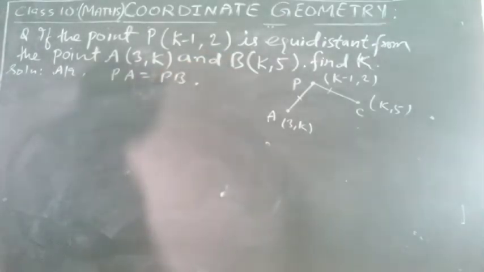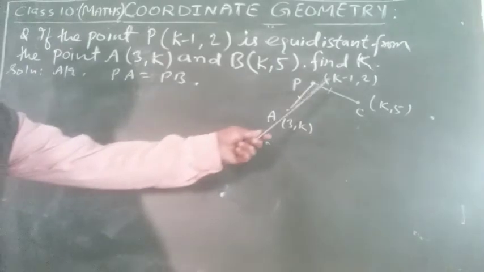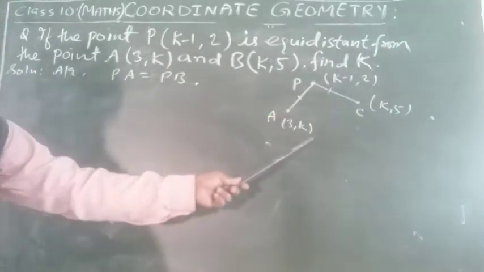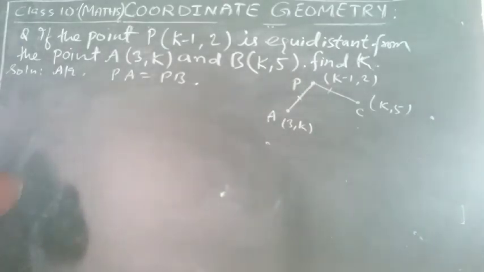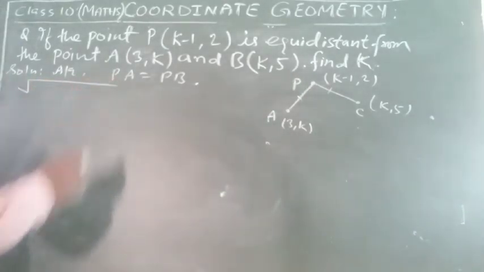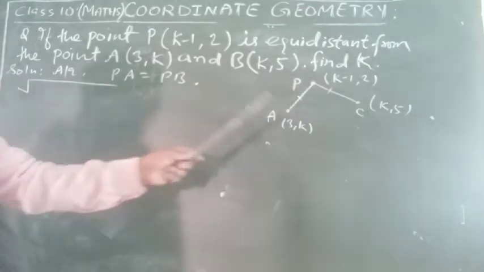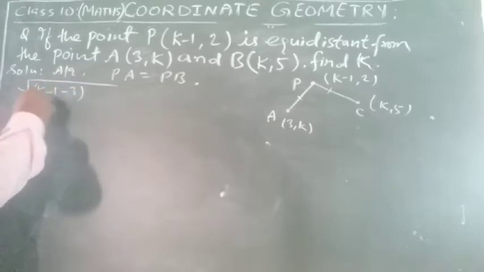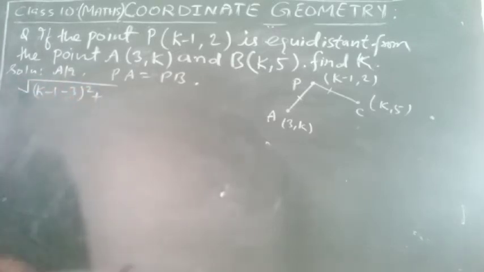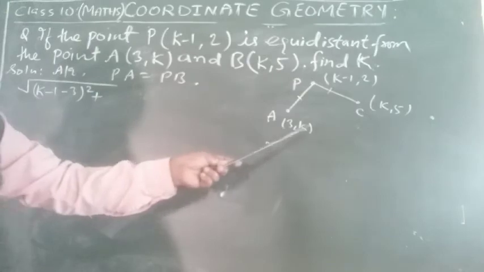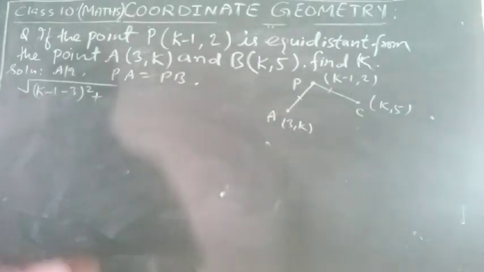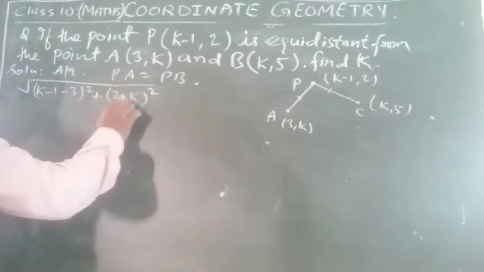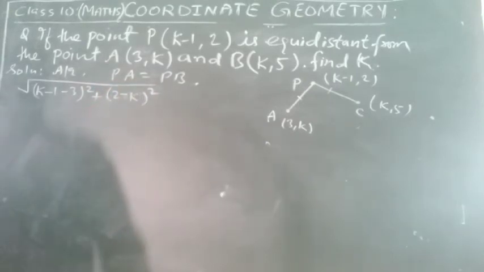So how to do the calculation? Simple it is. It is x2 y2 and it is x1 y1. Find the distance: under root of (x2 minus x1), (k minus 1 minus 3) to the whole square, plus (y2 minus y1), (2 minus k) to the whole square.